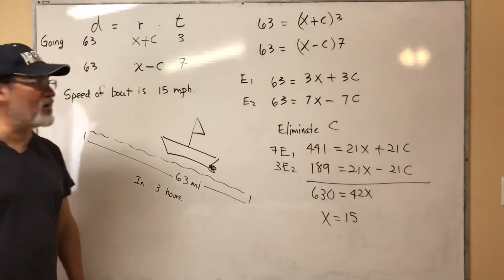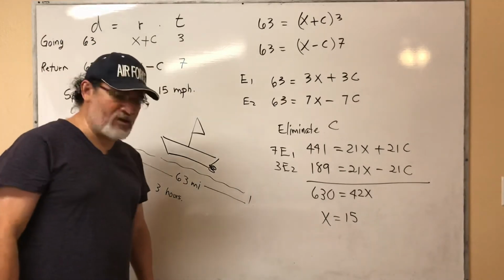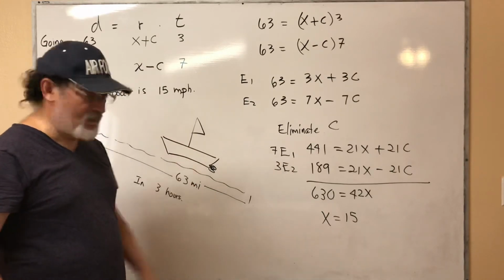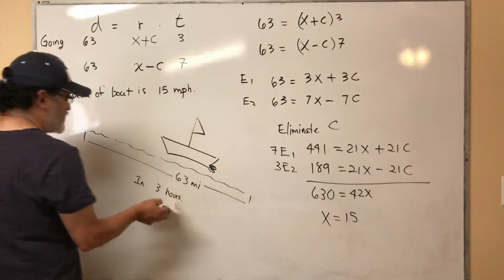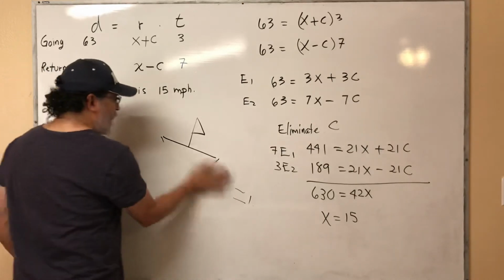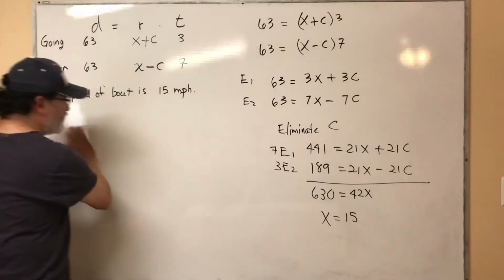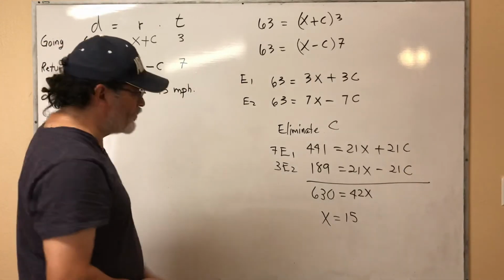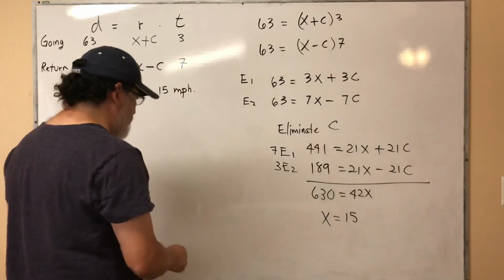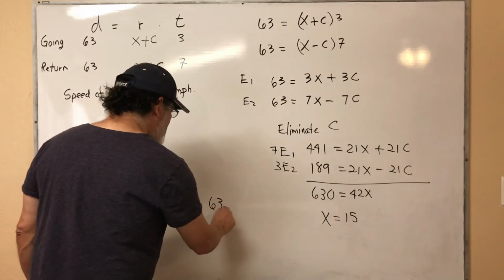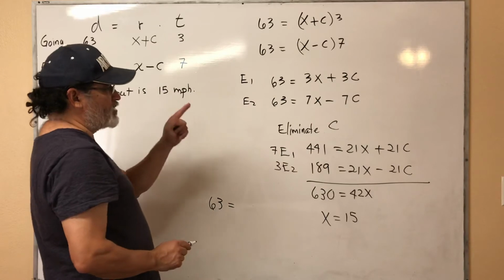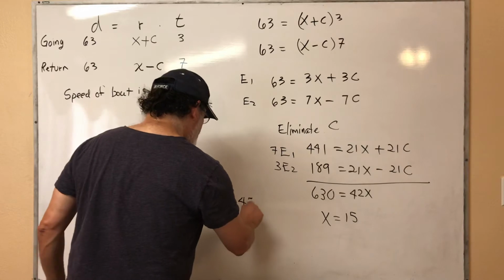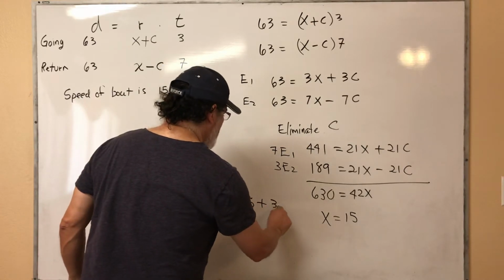How do we find the speed of the current? Well, for the speed of the current, take x and plug it into one of the equations. I'm done with this. I'm going to plug x equals 15 into equation 1. So equation 1 is 63 equals 3 times 15. 3 times 15 is 45, plus 3c.